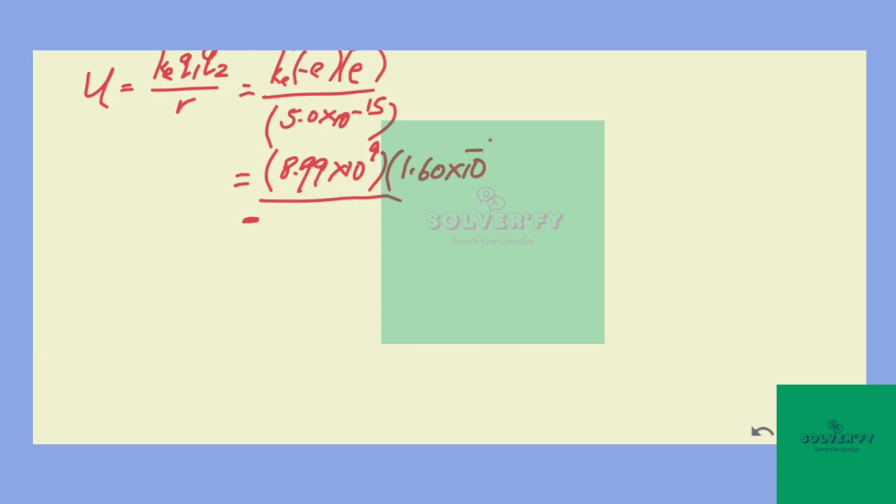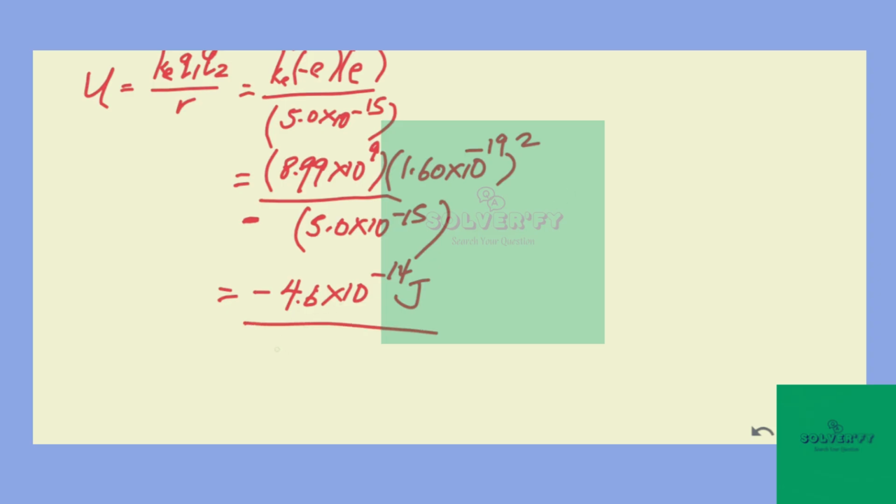We have the elementary charge squared divided by the distance between them. This will give us about negative 4.6 times 10 to the power minus 14 joules. If you want to convert this into MeV, again we divide by 1.6 times 10 to the power minus 13 joules per MeV, and we will get negative 0.29 MeV.